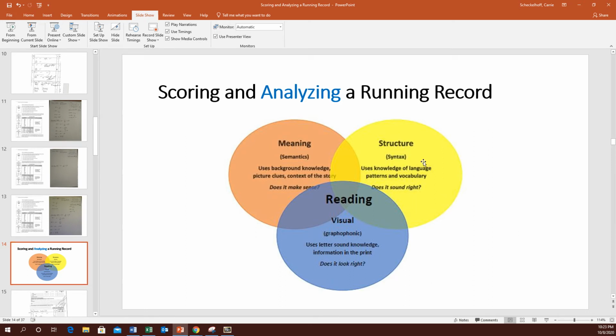Structure is the way it sounds like English or grammar, the patterns in the text. And visual cues are the graphophonemic cues, the letter and sound correspondences. Very important to note that picture cues are in the meaning category. Visual is only related to graphophonemic letter-sound patterns.